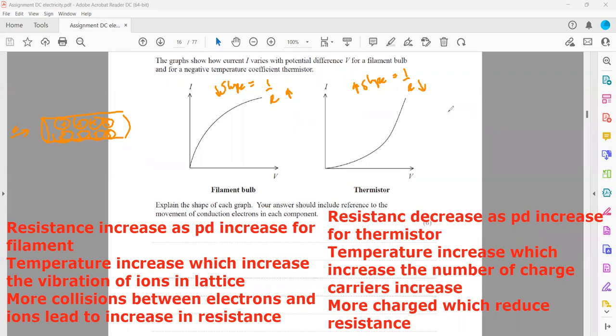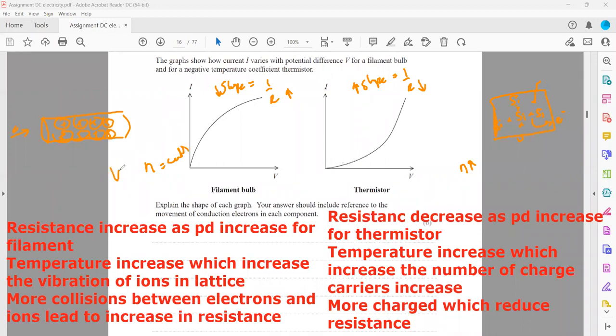Whereas in the case of a semiconductor, which has silicon or germanium as the main base element, when the temperature increases, like we are increasing the voltage, temperature is also increasing as a result of heat energy. These electrons will come out from the structure, so the number of charge carriers increases. But in the case of metal, the number of charge carriers does not change, it is constant.